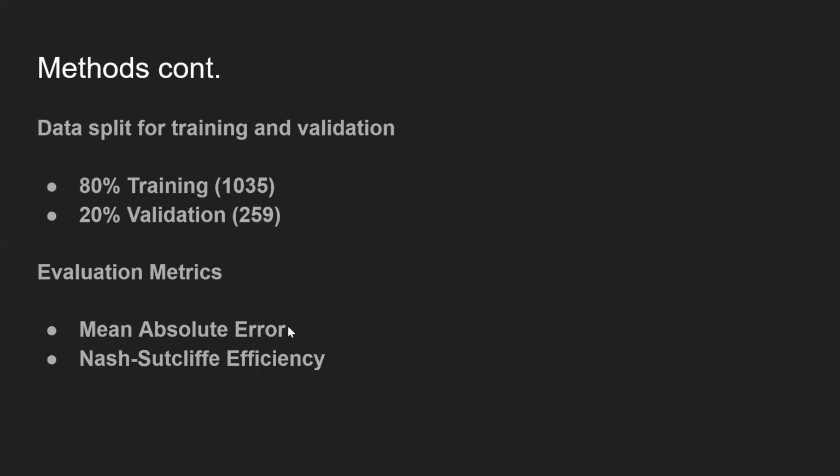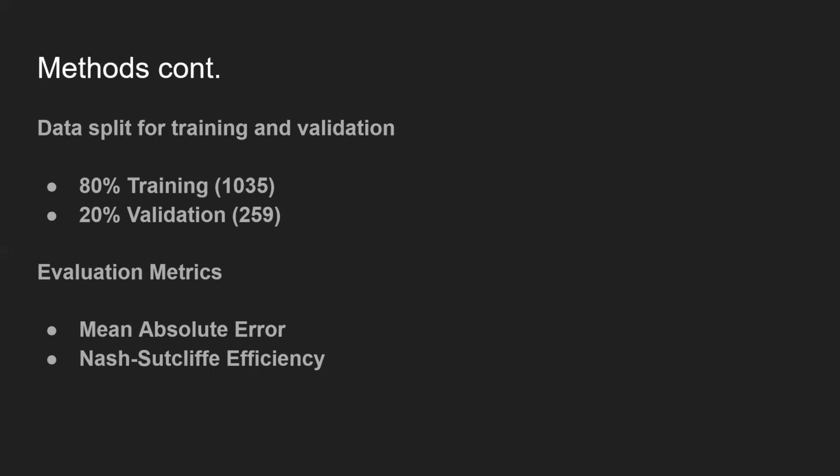For the data, we prepared it by splitting the entire data set into two: the training data set and the validation data set. We have 80% for training data and 20% for validation data. And then in the model performance assessment, we calculated the mean absolute error and the Nash-Sutcliffe efficiency.